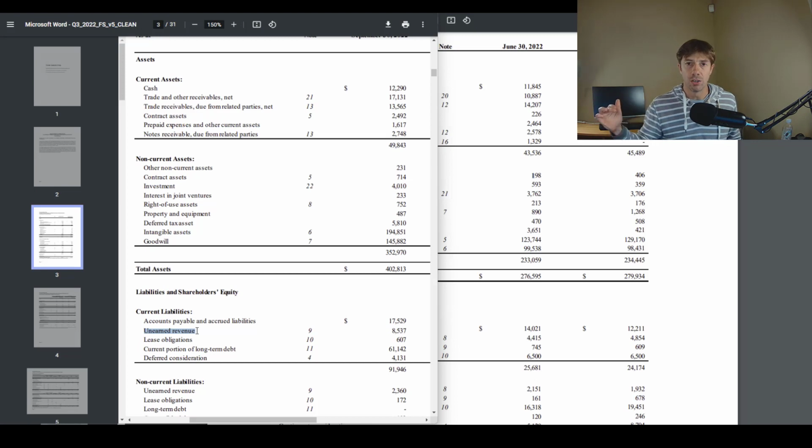So it would be $1,100. And every month I would recognize $100, and the unearned revenue would decrease, right? So that's what happens.